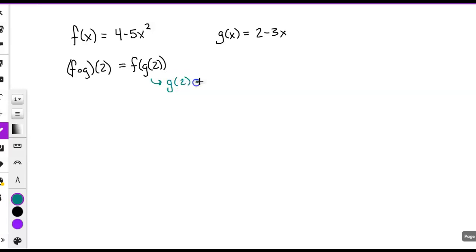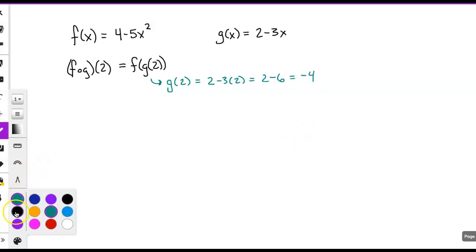So if you get g of 2, that would be 2 minus 3 times 2. So that would be 2 minus 6. So that's negative 4. And then you put that into the f function. So now you do f of, because you're working from the inside out, right? You're going like that. So now you do negative 4 into the f function.